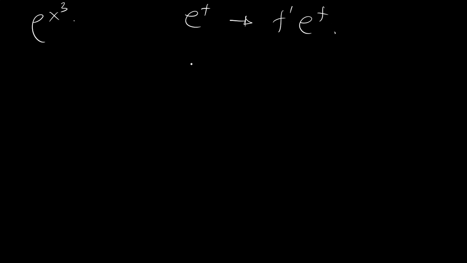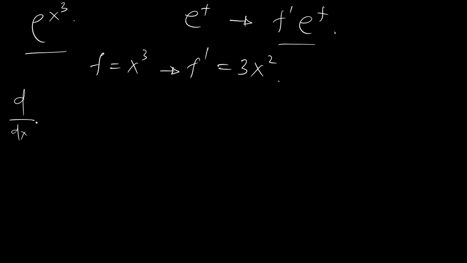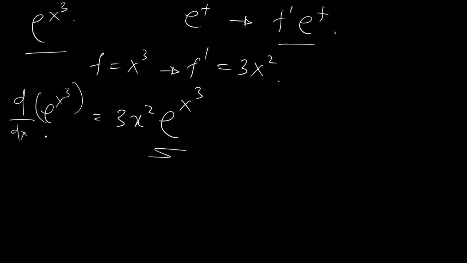So here our f is equal to x cubed. Now f prime is equal to 3 times x to the power 2. If you substitute it here, the derivative of this with respect to x is equal to 3x squared e to the power x cubed. So this is the final answer.